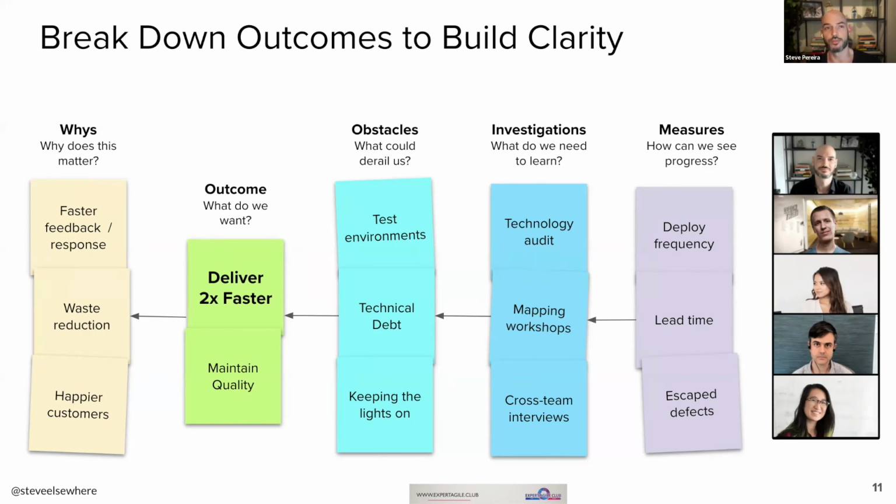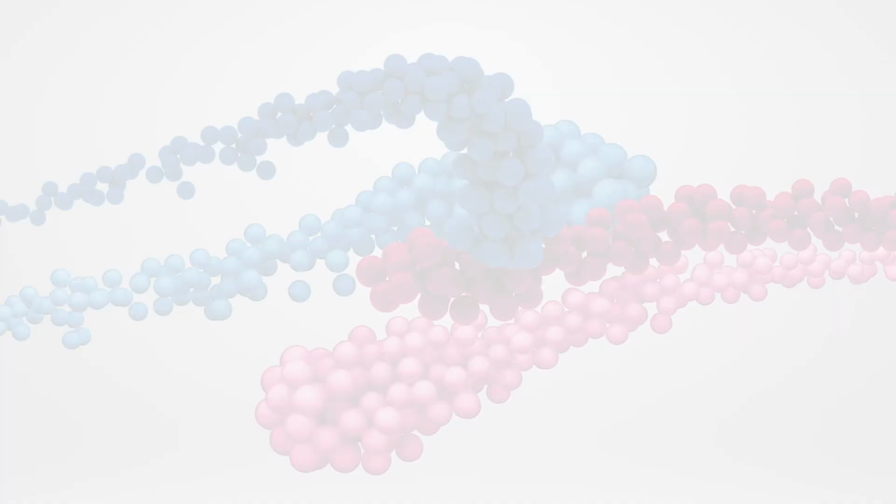This really helps folks stay focused and follow the path that is building out this, actually breaking down this target outcome, but building out this path towards our target destination.